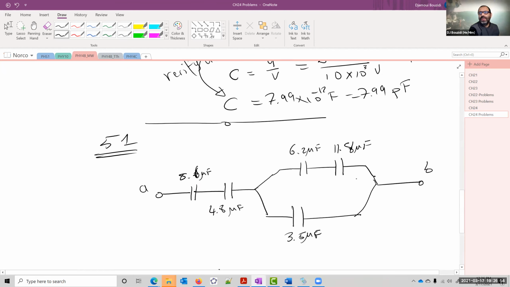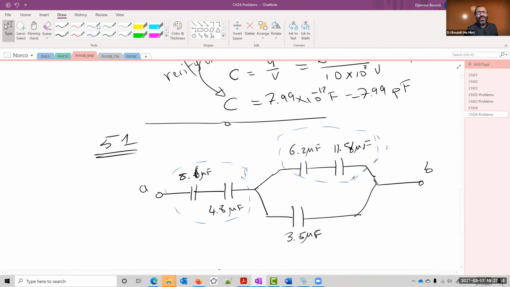I have these ones that happen to be in series. Find their own C equivalent between just these 2. And also, these 2 are actually in series too. Find their innermost C equivalent.